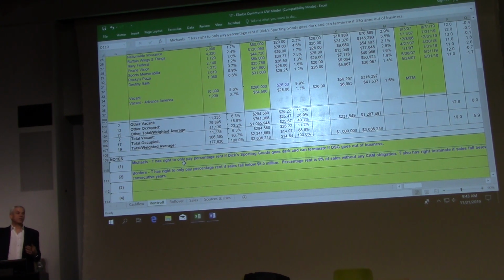So if the sales are above whatever the tenant thinks they could do, the landlord gets to participate in that tenant's profits. That is percentage rent. If the sales never get to that break point, the landlord doesn't get any additional rent. It's a variable rent number, contingent on sales.